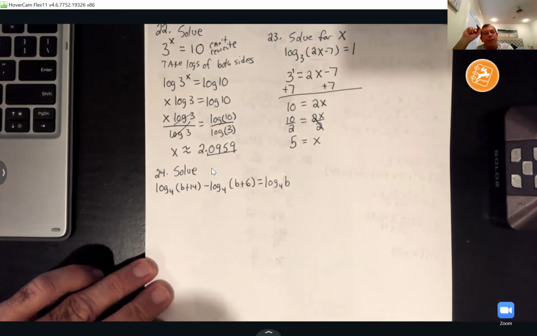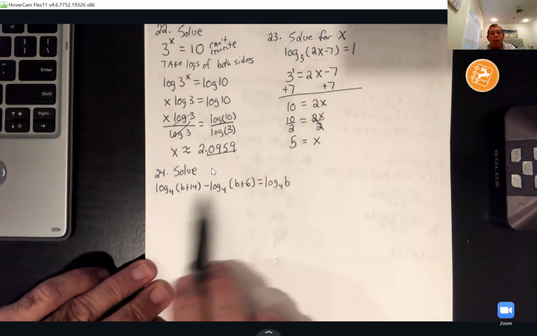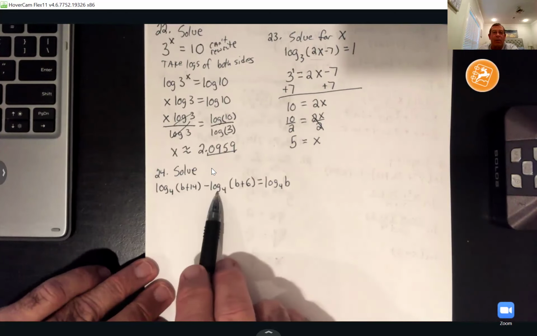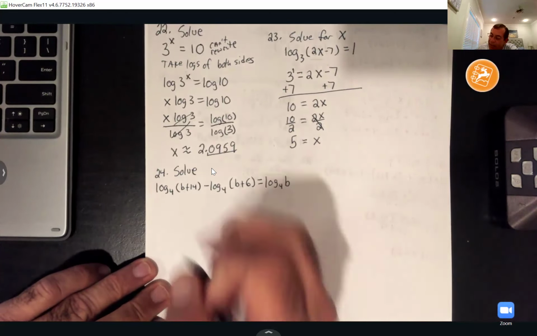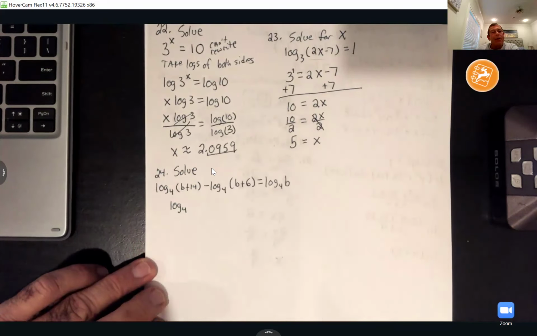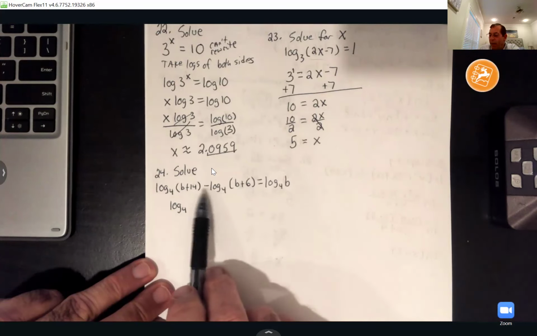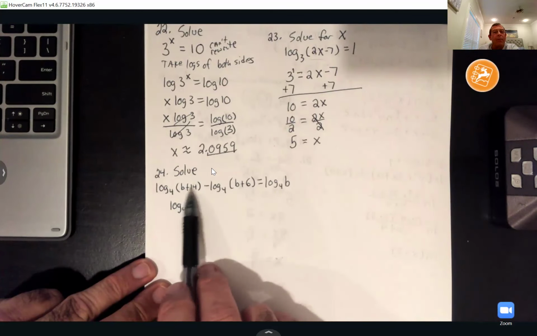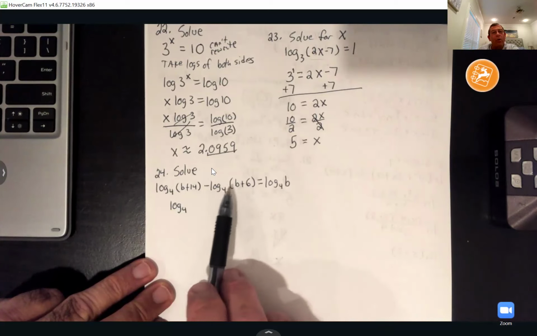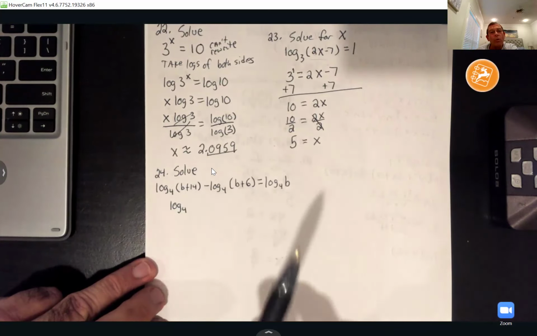All right, so the first thing you got to do, you got 2 logs over here. We got to make this side a single logarithm. So we're going to bring out that log 4. Now here's a question for y'all. Am I going to rewrite this as a product or a quotient?